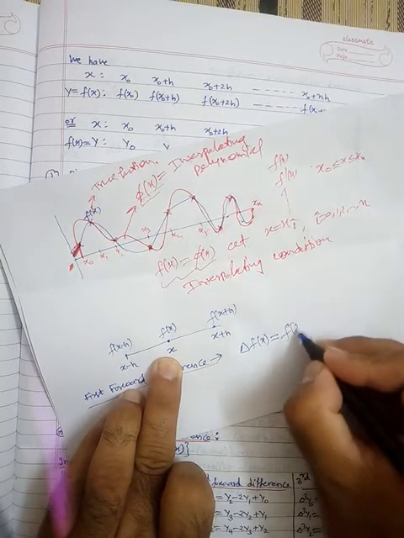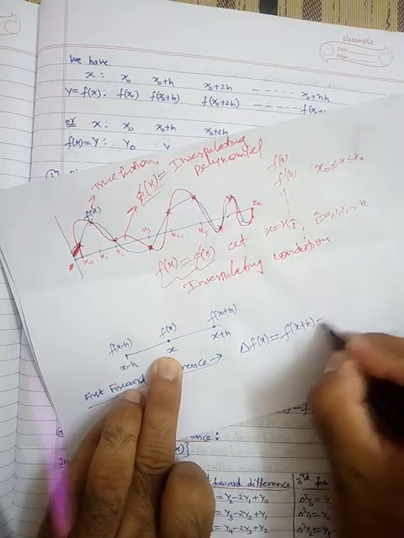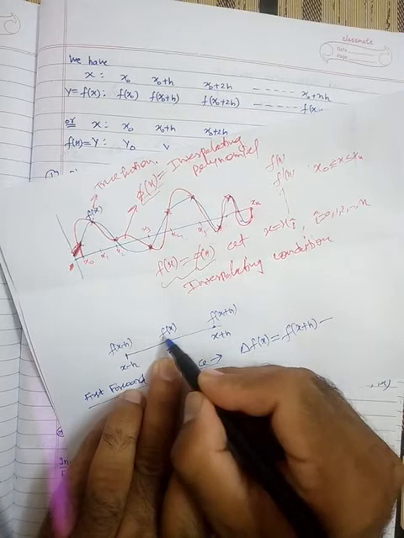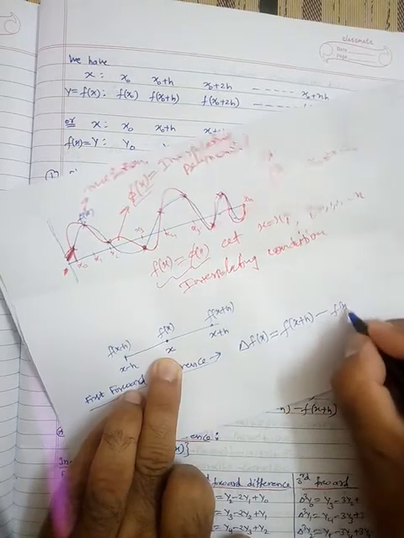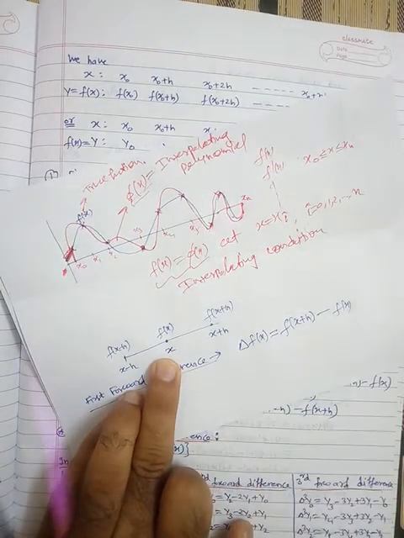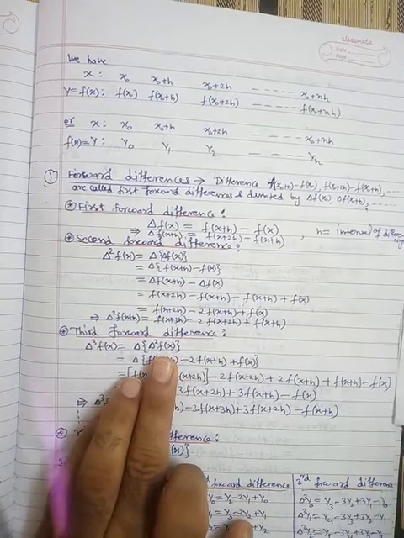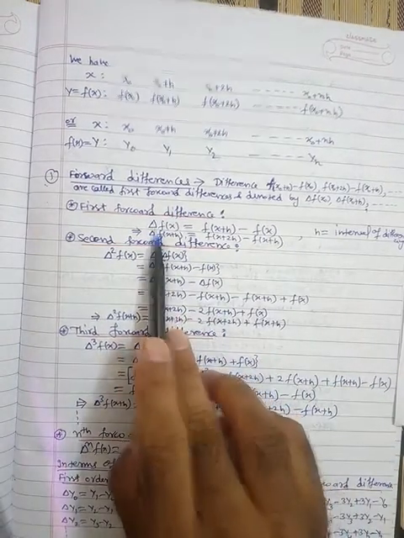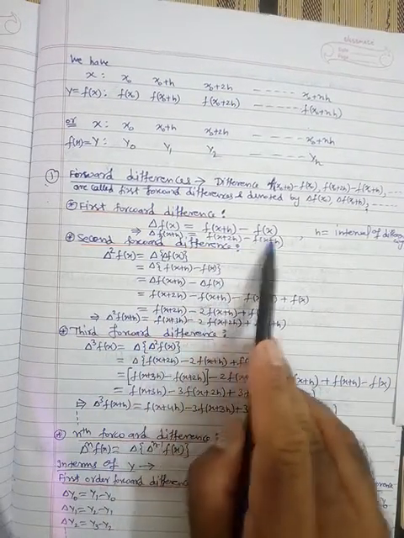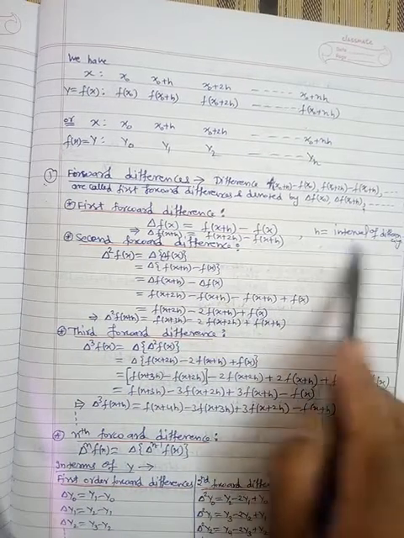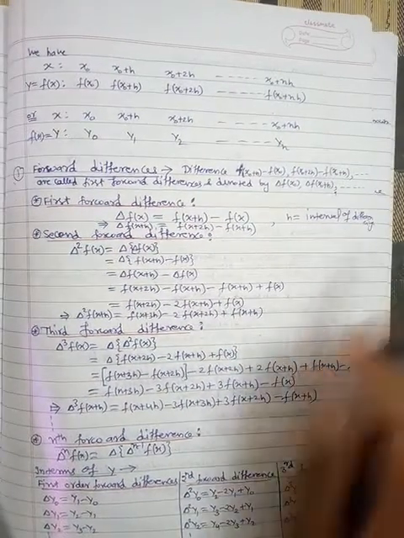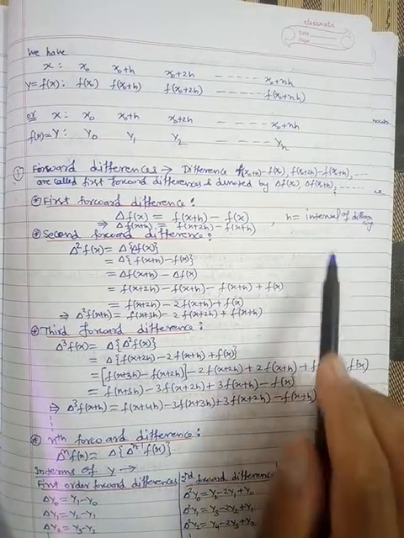So this is equal to f of x plus h minus the current value f of x. So this is the first difference. This is written here: delta f of x is equal to f of x plus h minus f of x. Here h is the interval of differencing.